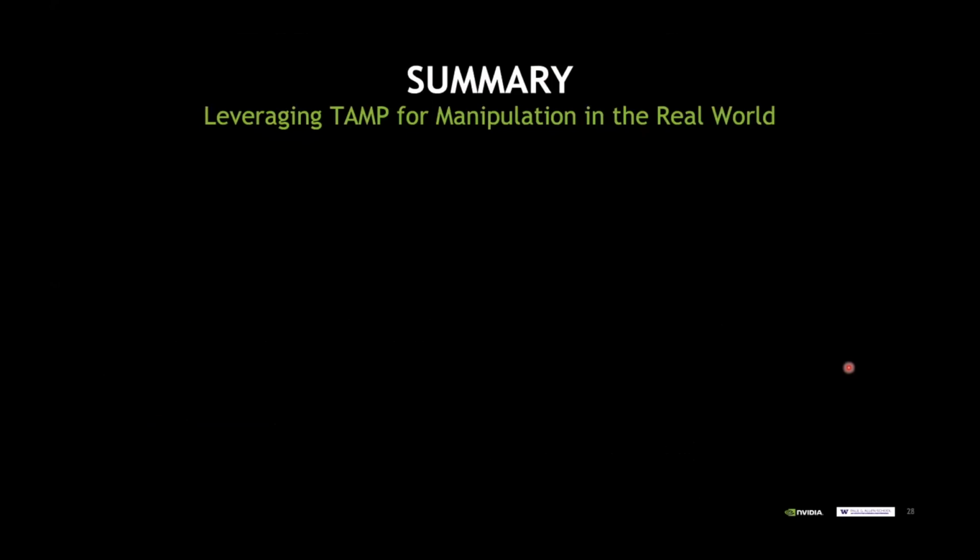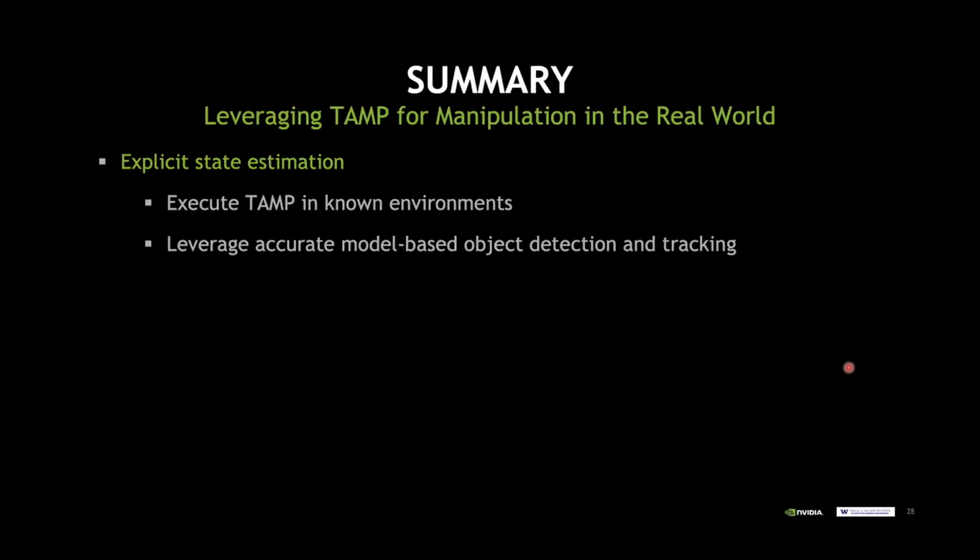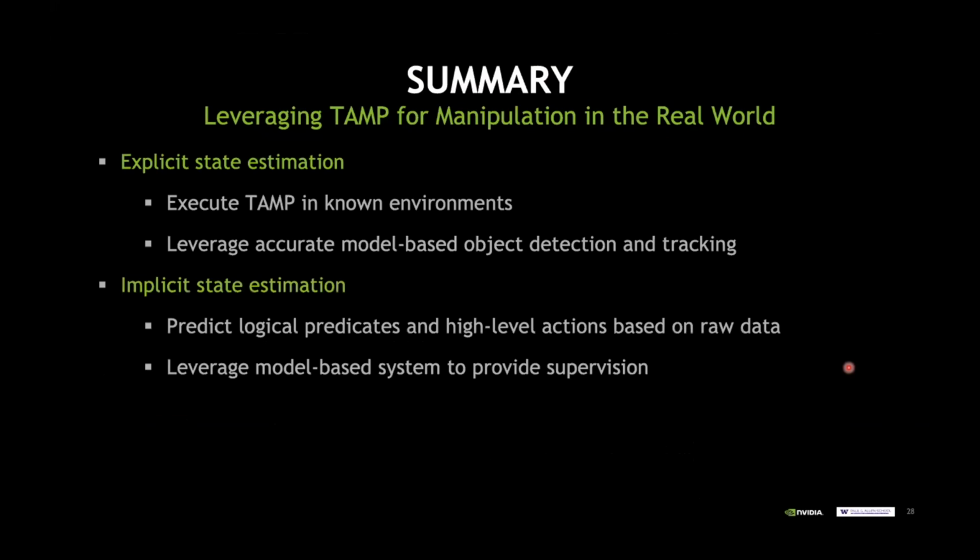So let me come to the conclusion. In manipulation, we should really look at the bigger picture and at longer term tasks that we want to do beyond just grasping. I focused today on how this connects and relates to task and motion planning systems. On the one hand through explicit state estimation, and the other was implicit state estimation, where we use the TAMP system to guide visual perception systems to recognize just the pieces that are important.